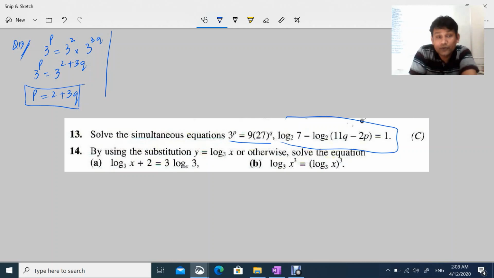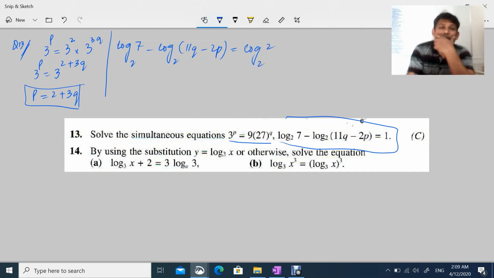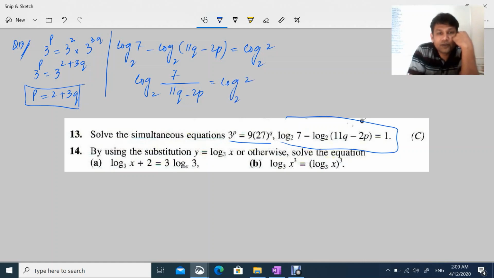Log 2 base 2, I have told you, is 1. So log 27 minus log 2 of 11 cube minus 2p is equal to log 2 base 2. With a single log, the negative sign becomes division, so we can write log 2 of 27 upon 11 cube minus 2p, and this is log 2 base 2, which we can cancel out.